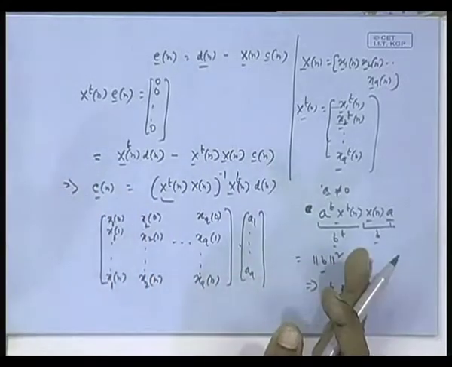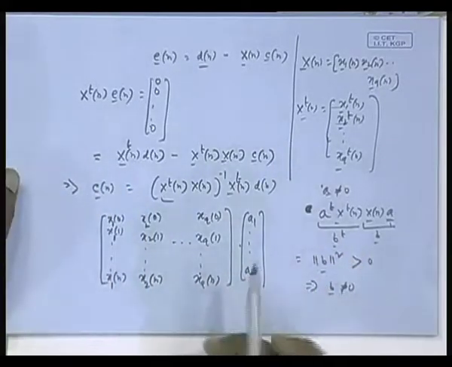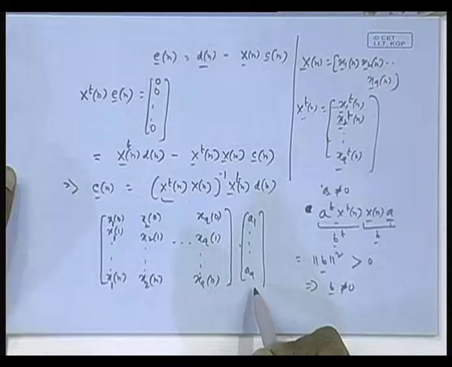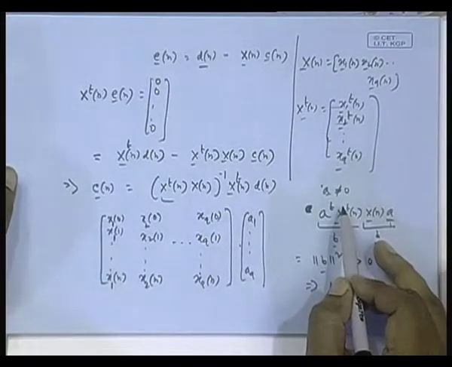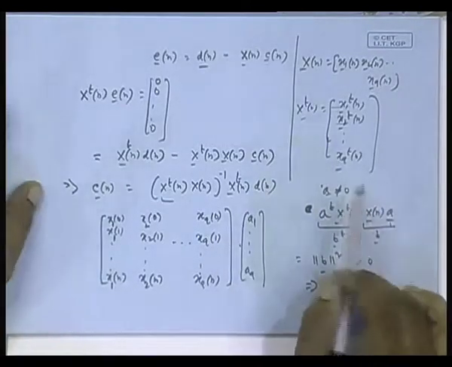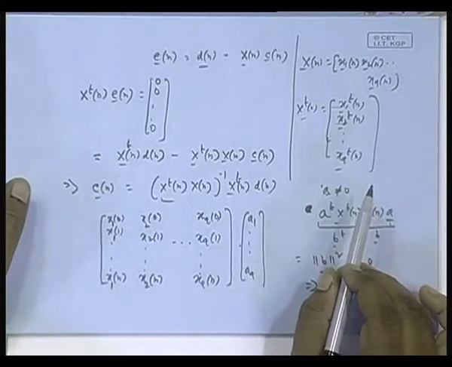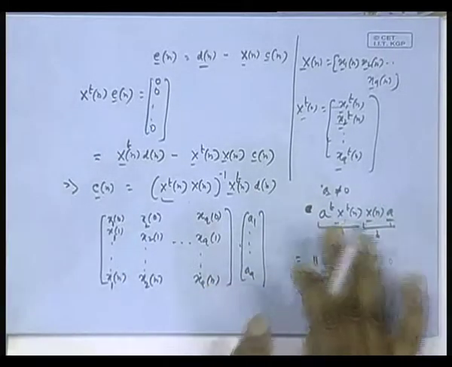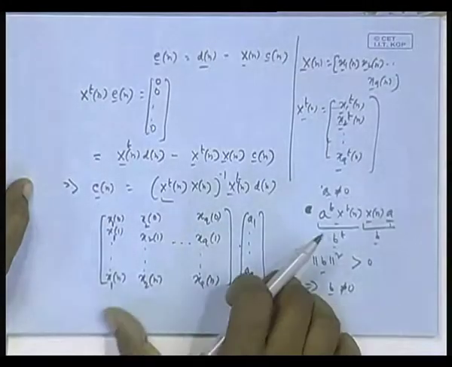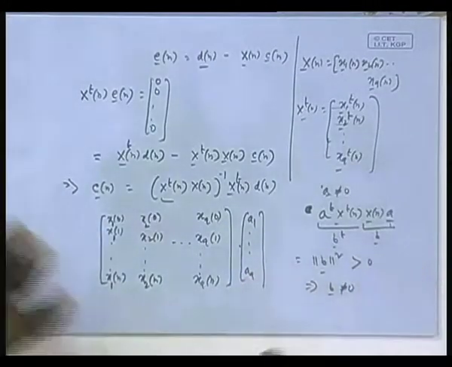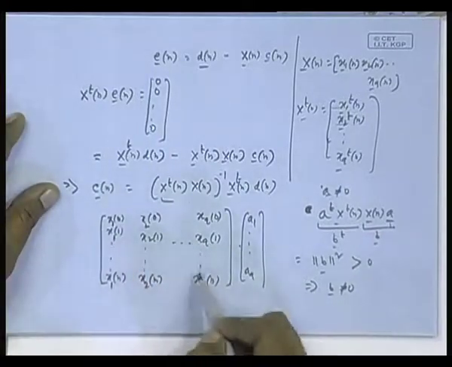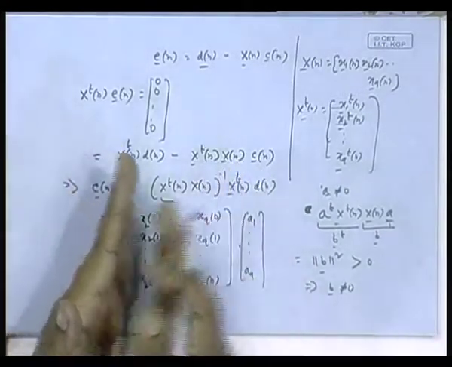You equate that to 0 vector, then the only solution would be A1 to AQ all 0, but that is ruled out. So if A1 to AQ are not allowed to be 0 altogether, and the columns are linearly independent, then the linear combination cannot be a 0 vector. So the columns should be linearly independent. There should not be any linear relation between them.